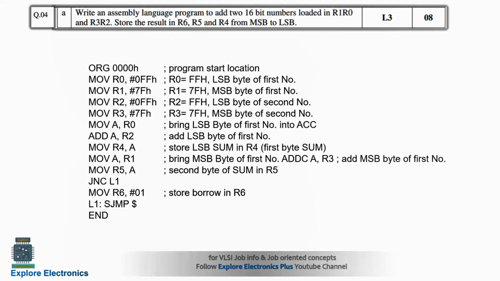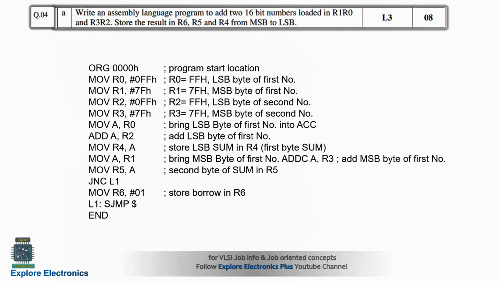So we require two registers each, and then we need to load them in R1, R0 as they have given, and R3, R2. R1, R0 is one 16-bit number, it takes 2 registers. R3, R2 will be the second 16-bit number. You need to add them and then store the result in R6, R5 and R4. So here is the program given and also the comments are added for better understanding.